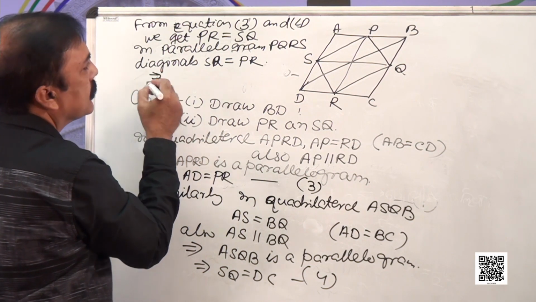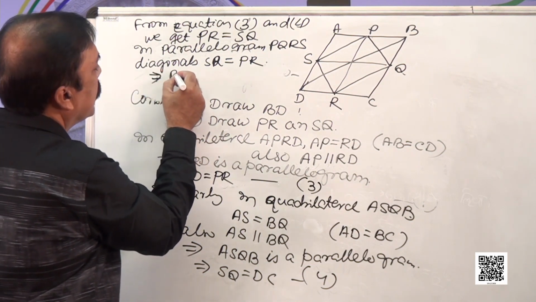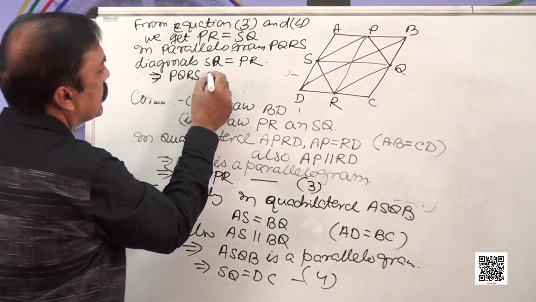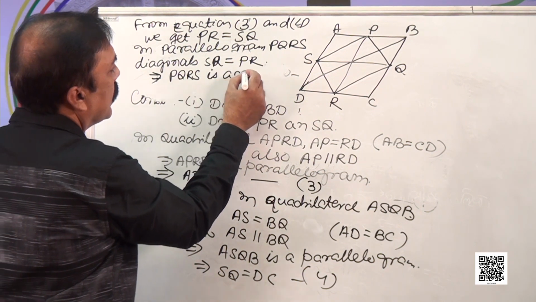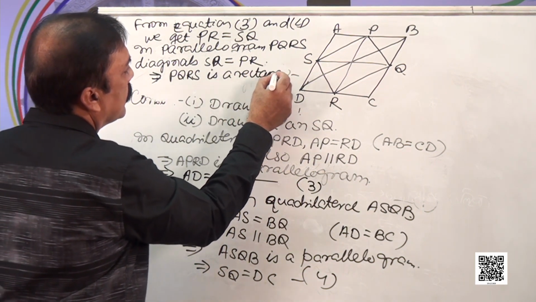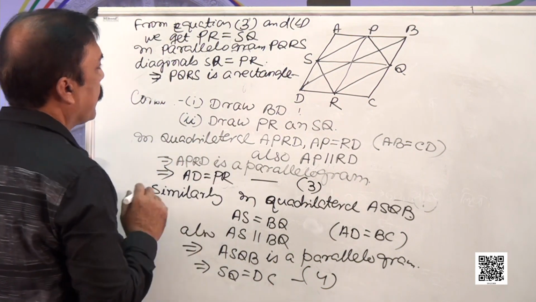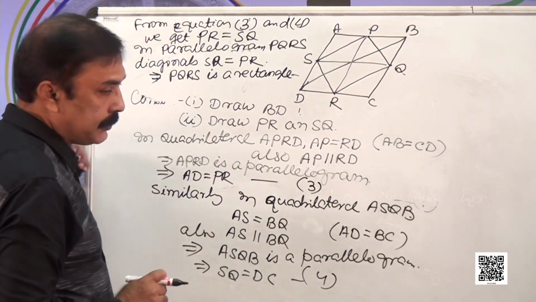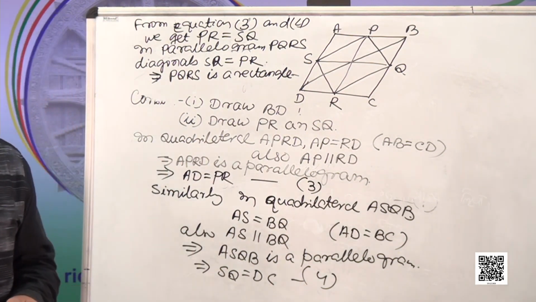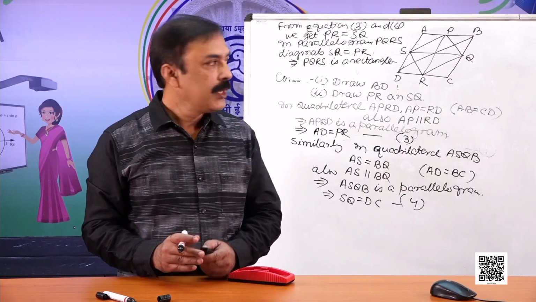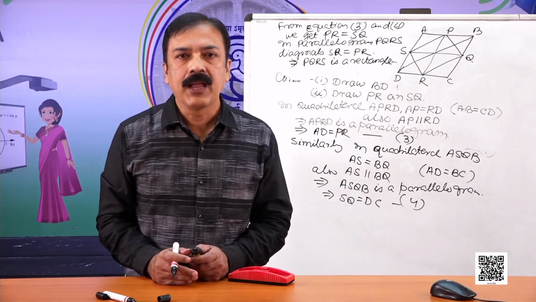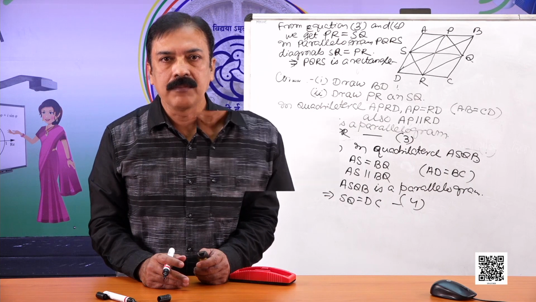This implies PQRS is a rectangle. So thus we proved this question by applying the midpoint theorem.